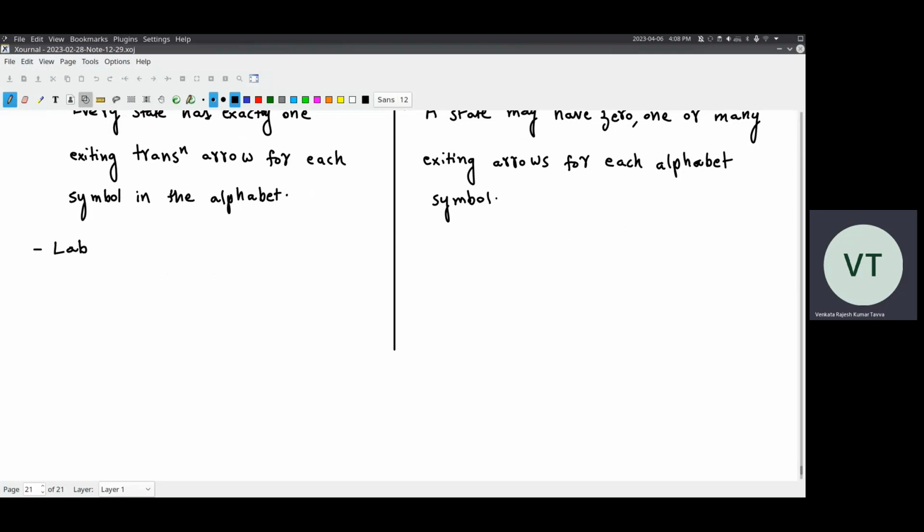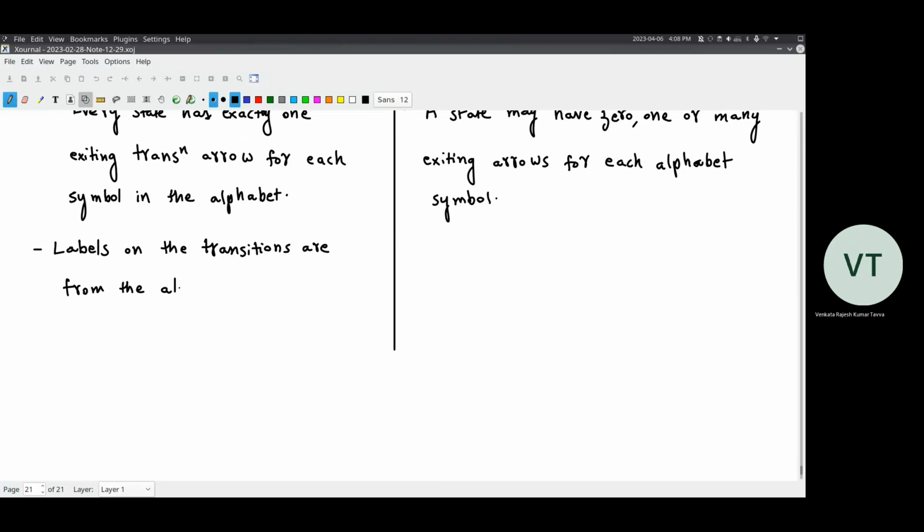In a DFA, the labels on the transitions are from the alphabet.